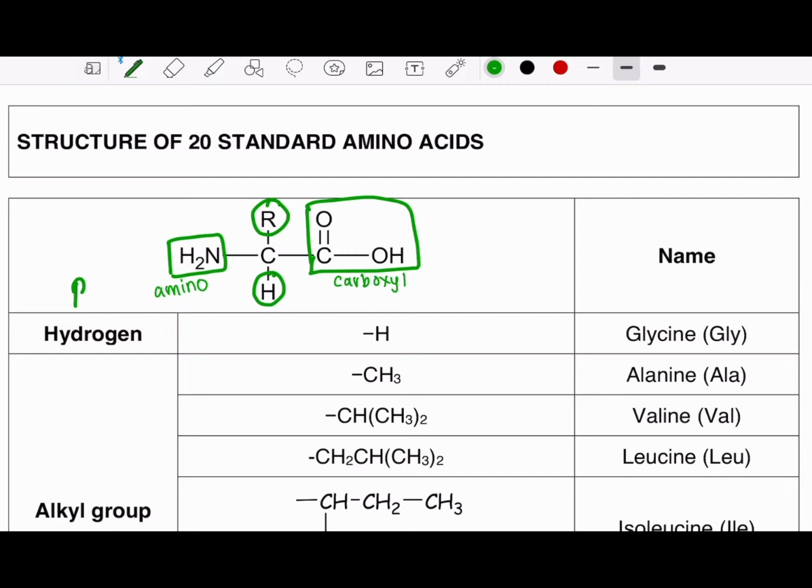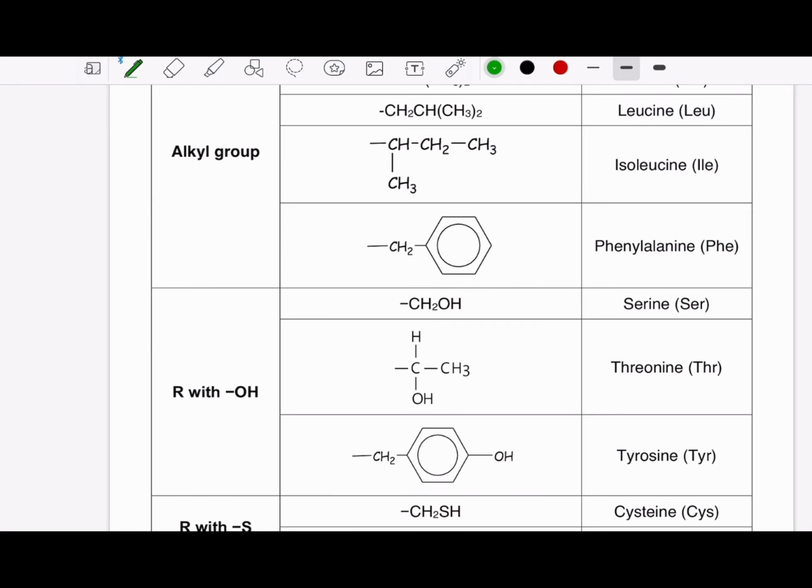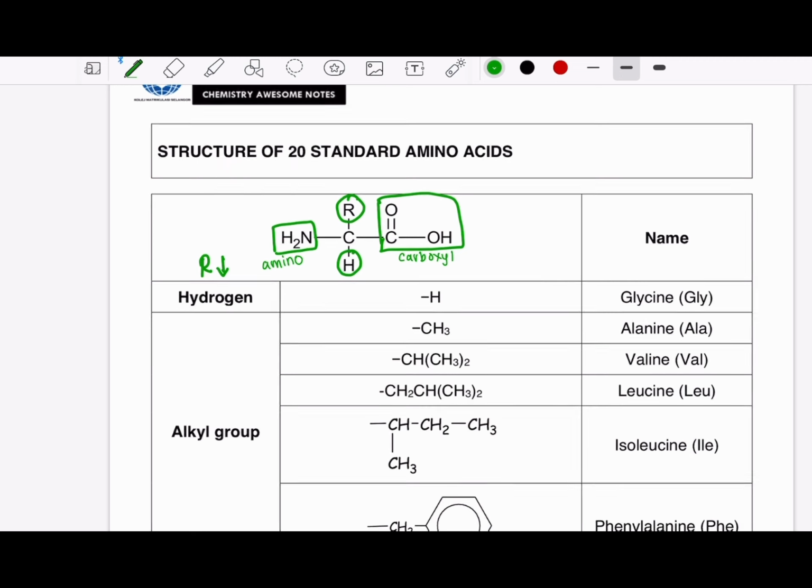The R could be hydrogen, an alkyl group, OH, or R with acid. Now, if this R is replaced by H, it is known as glycine.